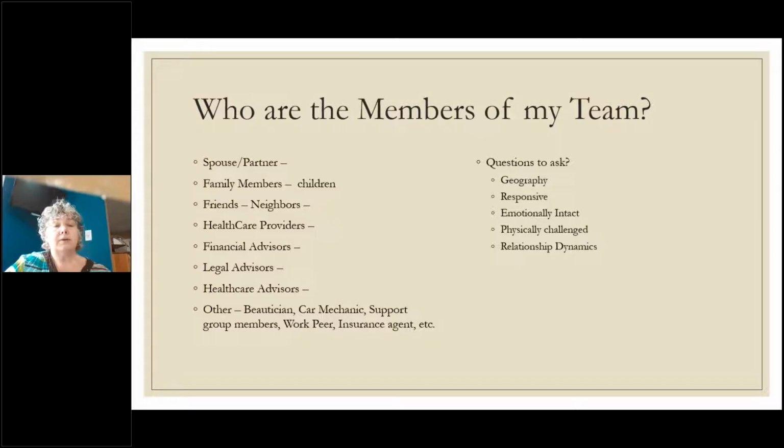And then friends and neighbors certainly are part of our team, right? So we have close friends oftentimes. Sometimes we have neighbors who are in between friends and or are part of our support system. They could be part of our support system that helps keep our home going while we are out to appointments, or we're out for longer extended hospital stays or overnight stays.